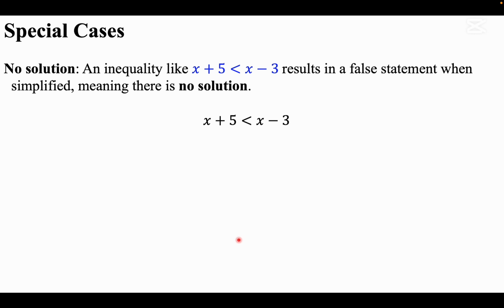Well, if we try to solve this for x here, I would move the variables to the same side. So in this case, I would subtract x on both ends. And then you get 5 is less than -3. Well, 5, a positive number, is not less than a negative number. So that's false, and therefore it has no solution. That is, you cannot come up with an x value that would satisfy this condition.